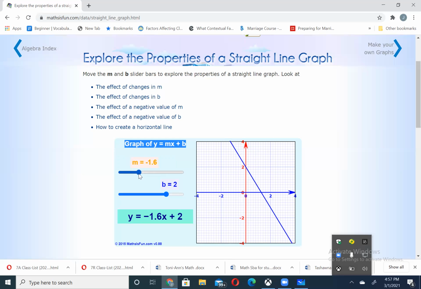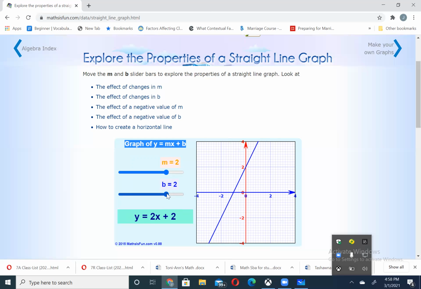Now, if I have my gradient to be positive 2, and my b to be positive 2, all right, so that's where my b is positive 2.